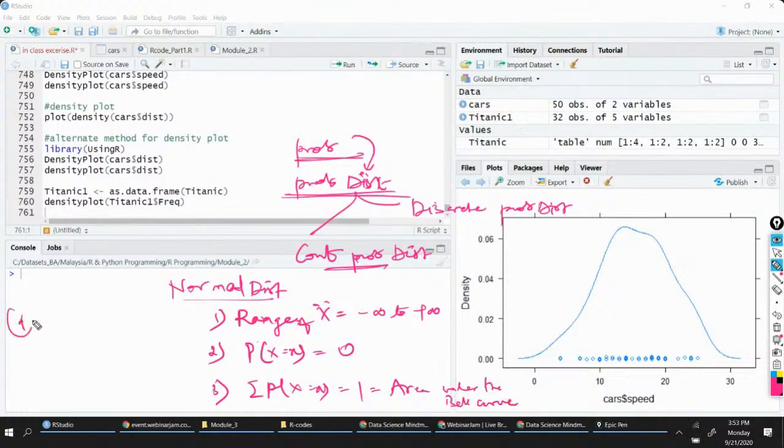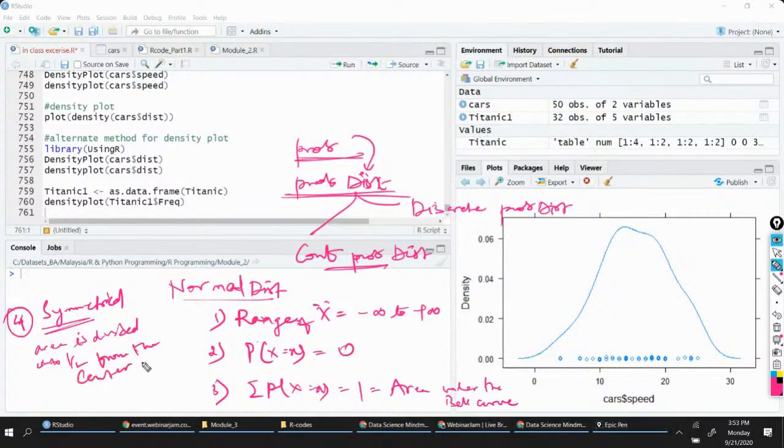An additional property that you need to look at is the bell-shaped curve will be symmetrical. If it is symmetrical, then the area is divided exactly to half from the center.